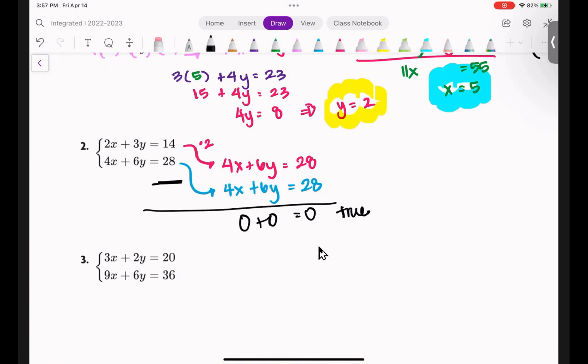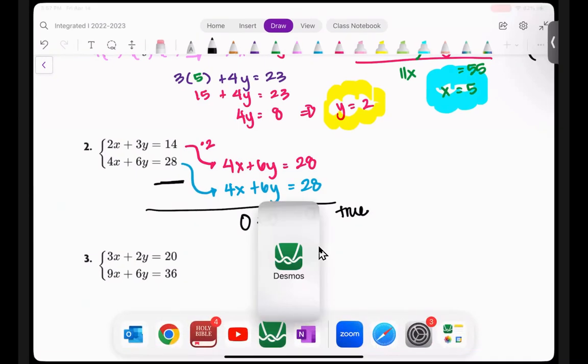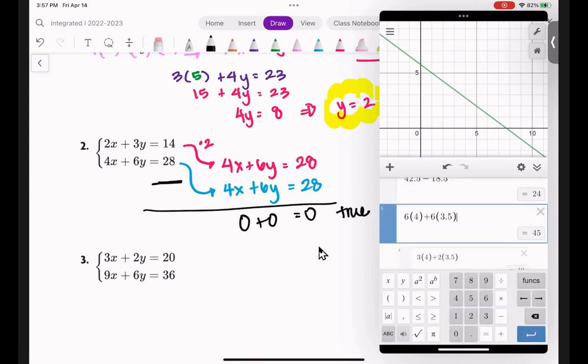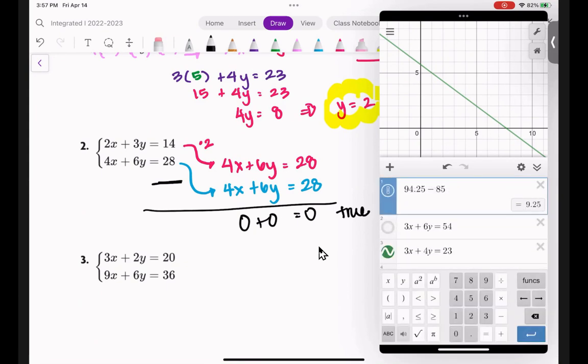And because it's a true statement and we've eliminated all the variables, it means that, well, actually, let me show you what the graph actually looks like. Let me close some of these out because there are a lot of them. I'm going to graph both of these equations and see what happens.